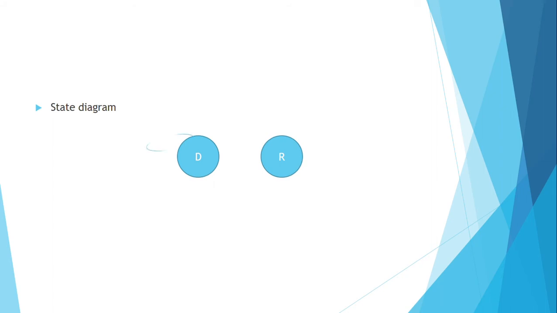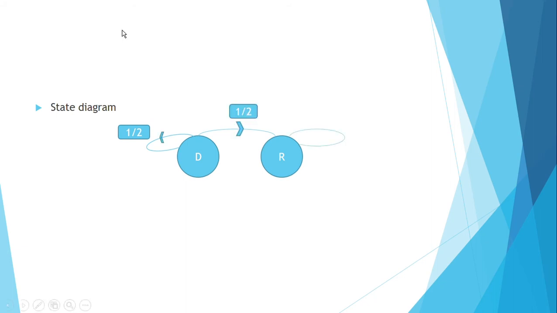Here the first edge represents the transition of the process from dry state to dry state in the next step with the probability 1 by 2. The second edge represents the transition of the process from dry state to rainy state on the next day with the probability 1 by 2.